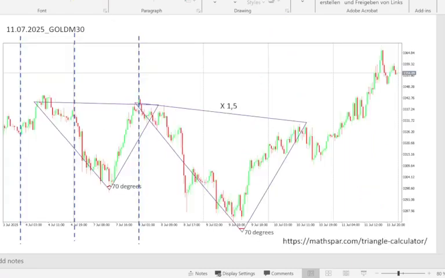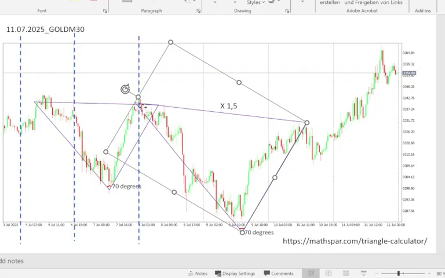Here another example. A smaller example here. This I didn't write anymore, but this has 60 degrees, this triangle, and this one also has 60 degrees.